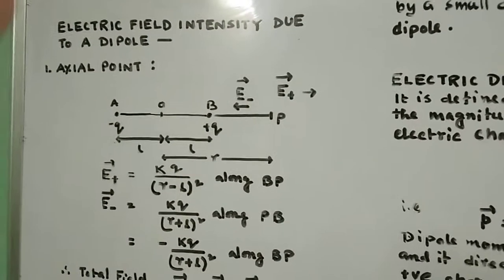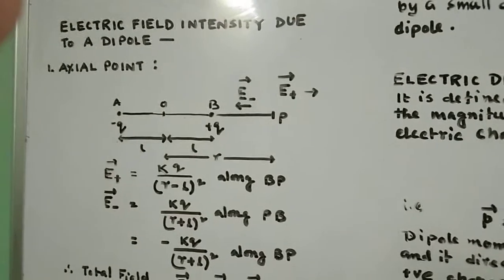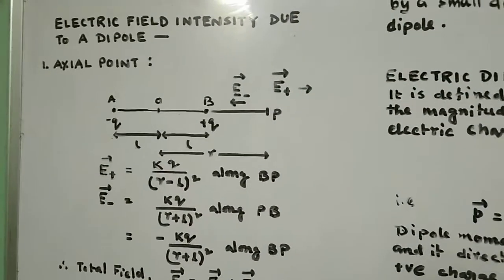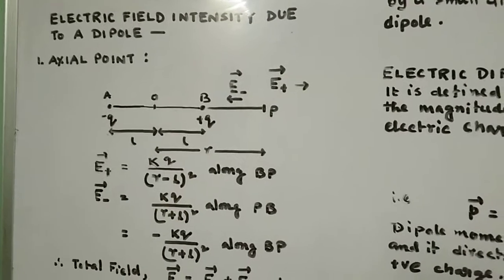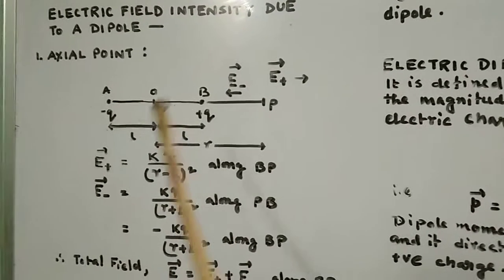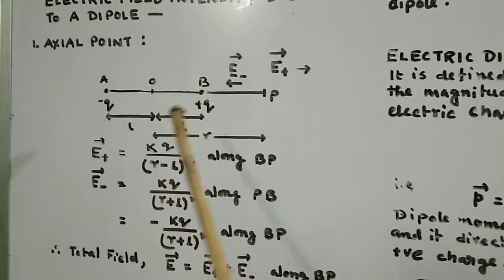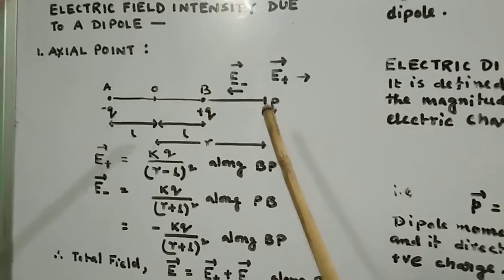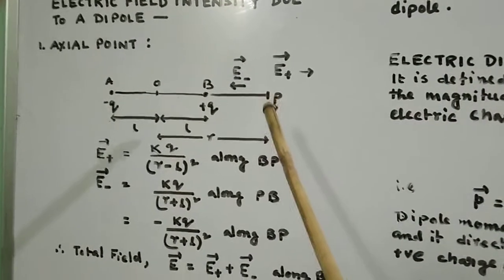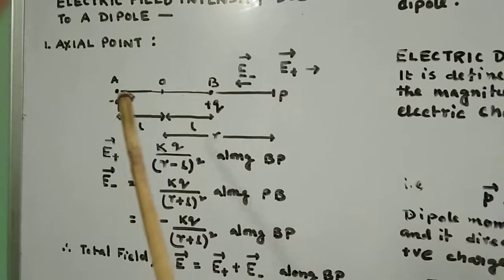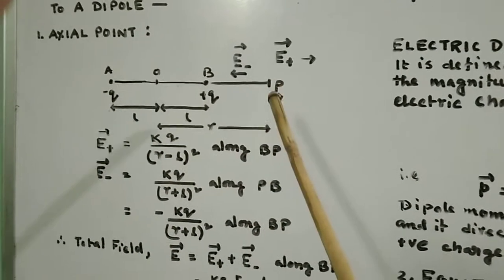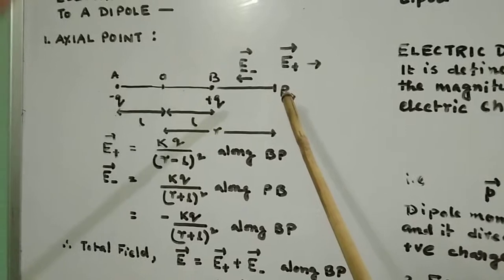They are separated by a certain distance, that is 2L. O is the midpoint of the dipole, so from here to here is L and from here to here is L. We have to define the field at P, and P is the axial point, because this is your axis and P is on the axis.